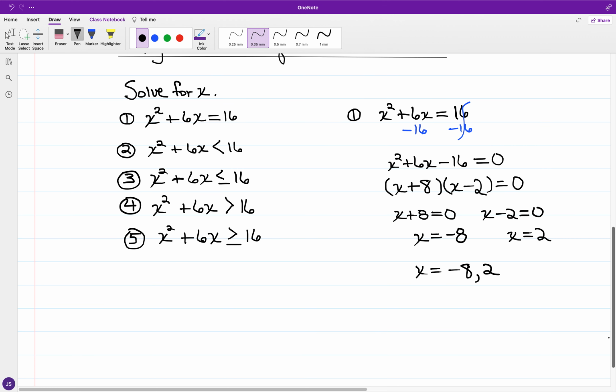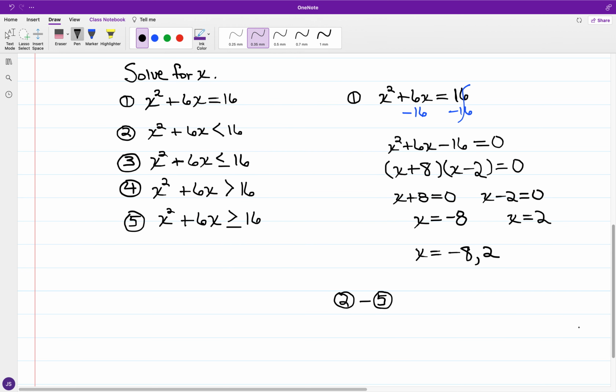Now, for what we have in the case of numbers 2 through 5, again, we have among these inequalities, we're going to be working with the zeros.